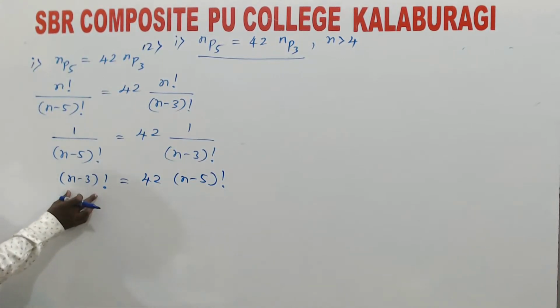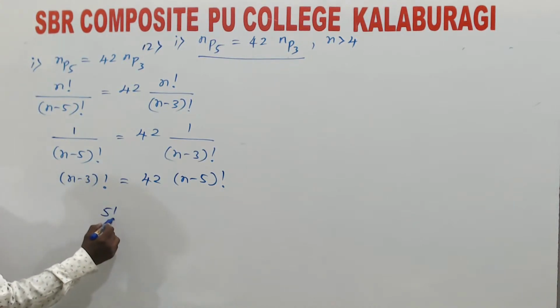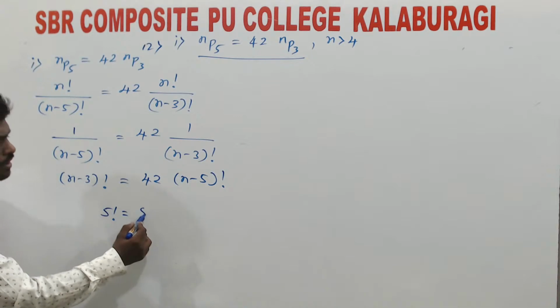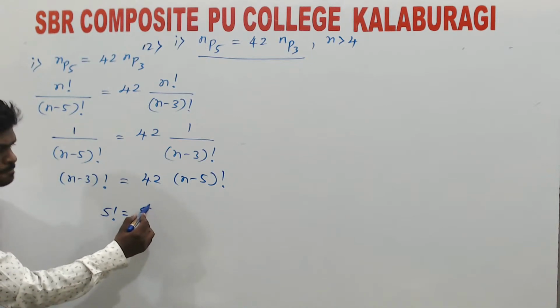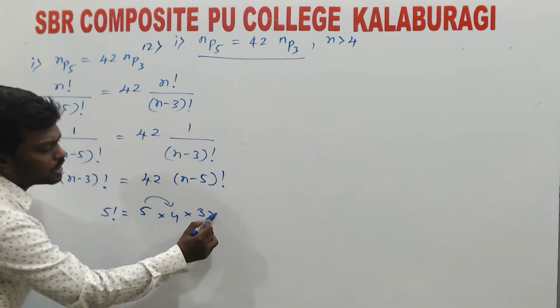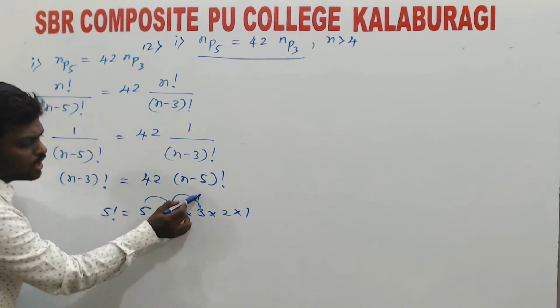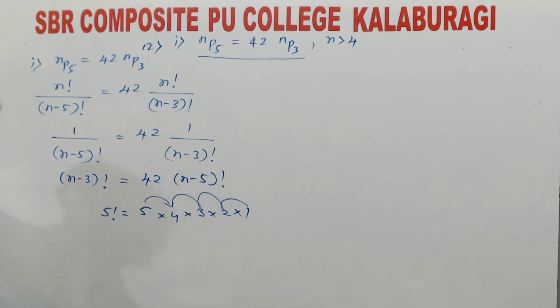Now I will open up this factorial notation. 5 factorial, how will you write it down? It starts with 5, then reduces by 1 into 4, into 3, into 2, into 1. So it is being reduced by 1.